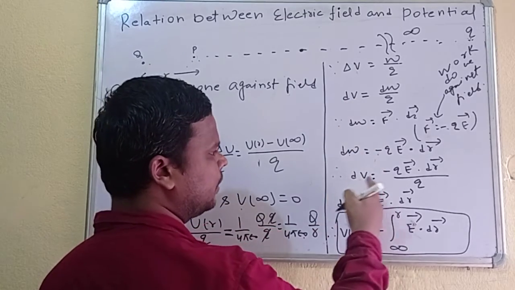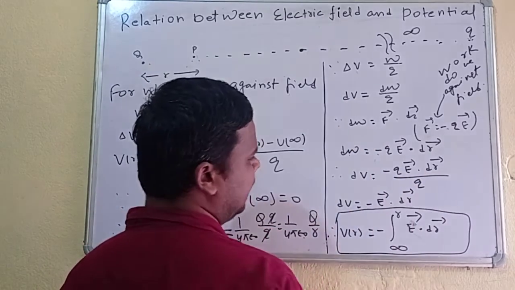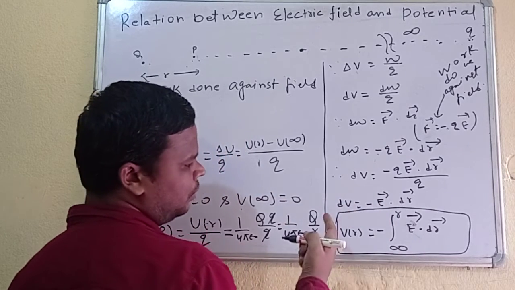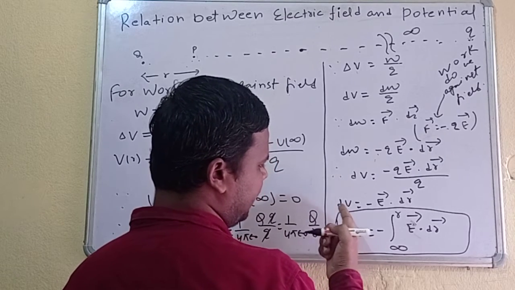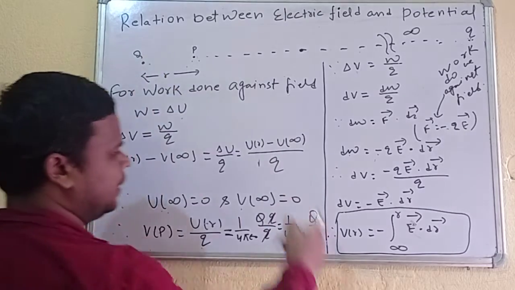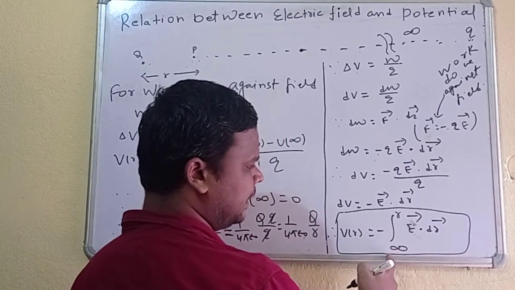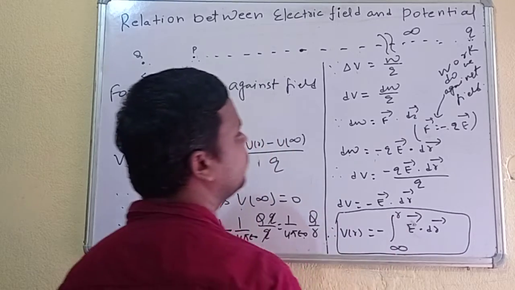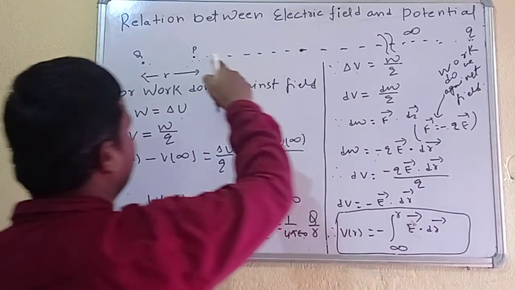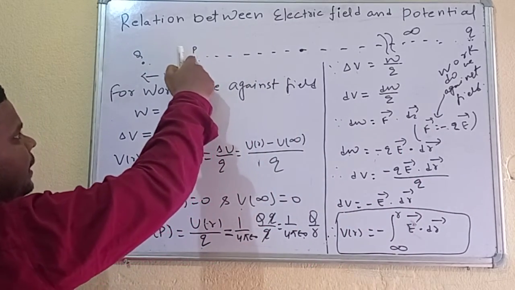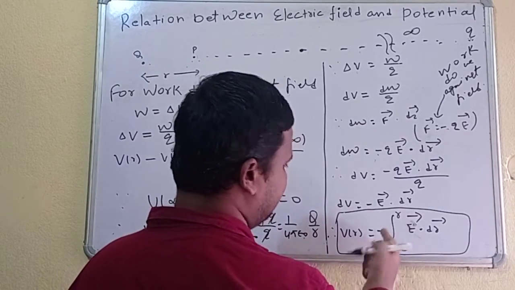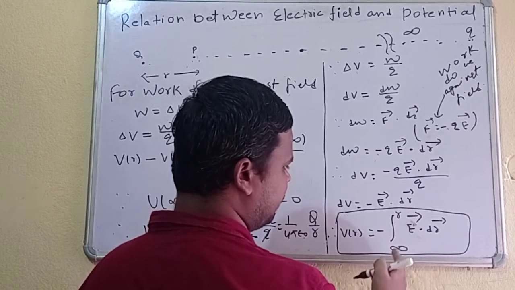Finally we will have dV equal to minus qE dot dr by q, and the infinitesimal potential can be written as minus E dot dr. To determine the potential at point P, at distance R, we have to perform an integration from infinity to R, because we are bringing this charge from infinity and finally it comes to point P, at distance R from the origin or any charge distribution. The minus sign is already there, and it will be integrated from infinity to R.